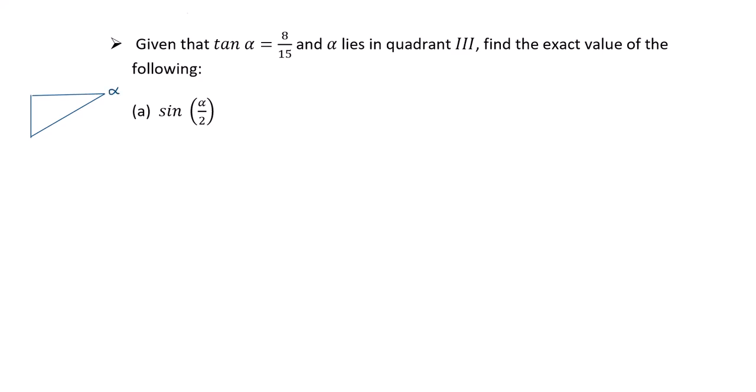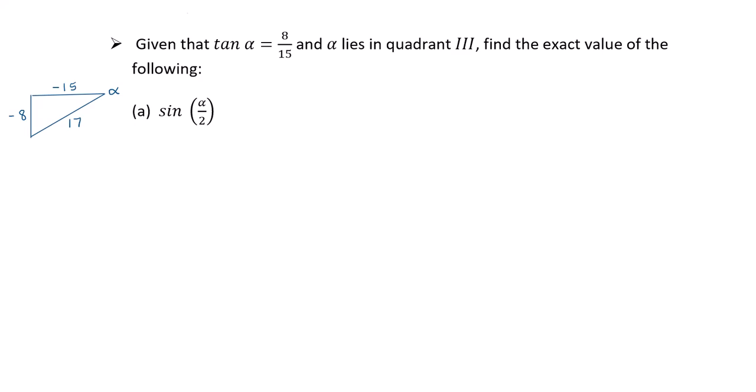And here is alpha. If the tangent of alpha is 8/15, that means that this is 8 and this is 15. The Pythagorean theorem is going to show us that that hypotenuse is 17. And if I'm in the third quadrant, I know that the 15 is negative and the 8 is also negative.